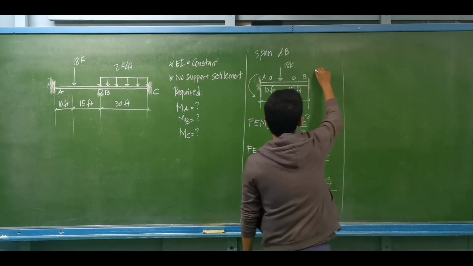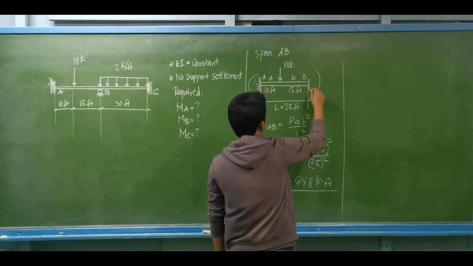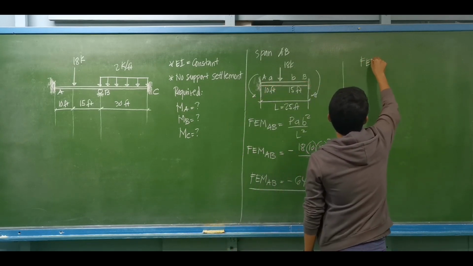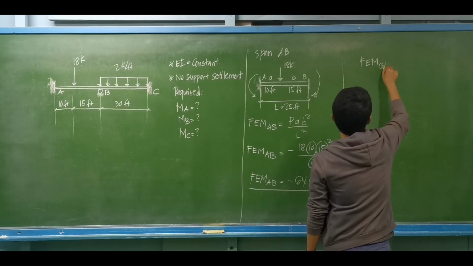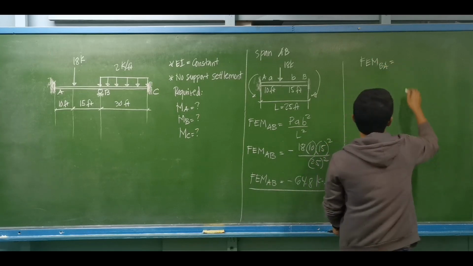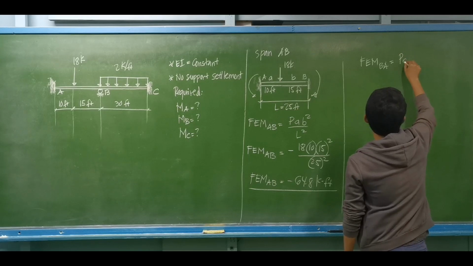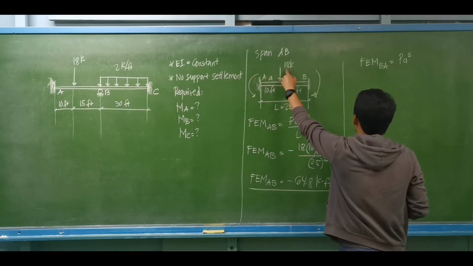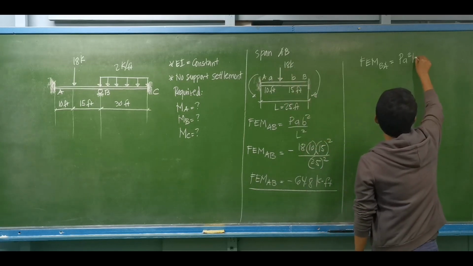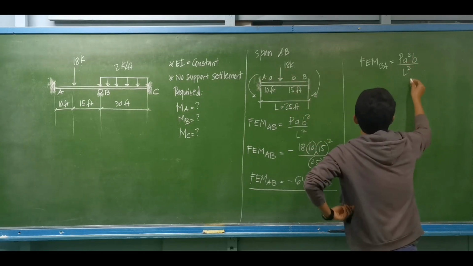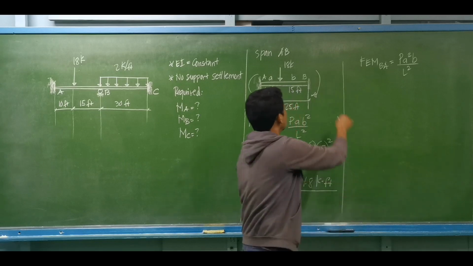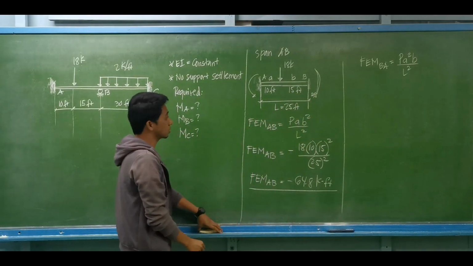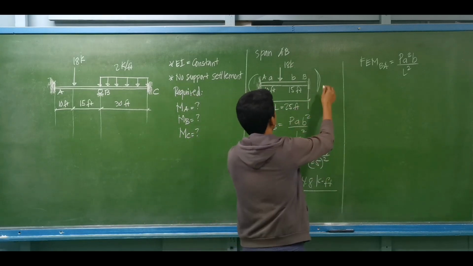Now, if you are to compute the fixed end moment for span BA, that's equal to the load multiplied by A squared, that is the distance on the left of the load, multiplied by B, divided by the length squared. And we assume this to be clockwise, and our sign convention for clockwise is a positive moment.